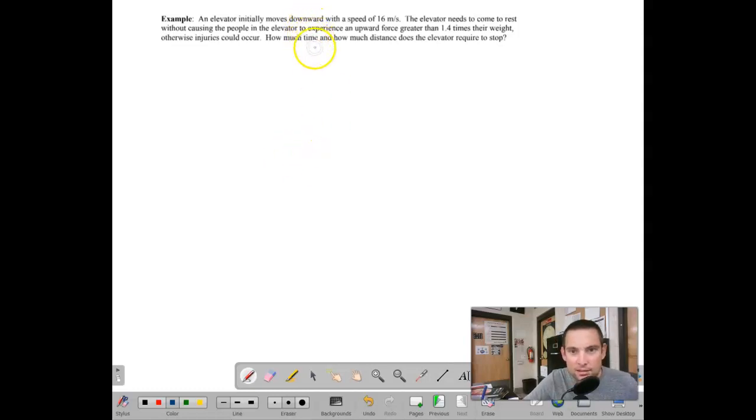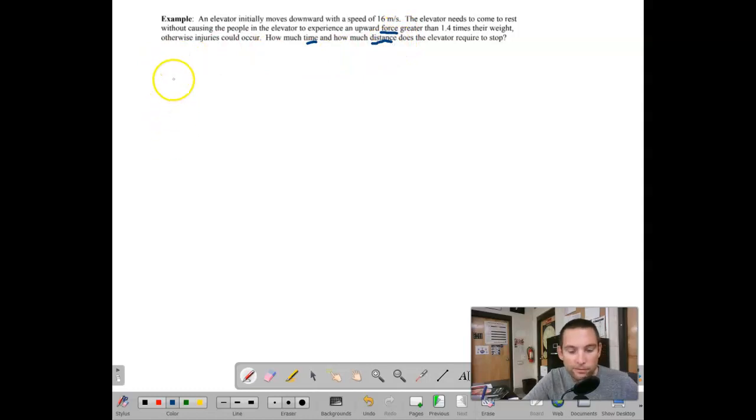Time and distance? Wait a second. Those sound like quantities that we studied way back in 2.3 when we were looking at kinematics, those 4 big equations. Well, let's see. Where are we going to start? The hint here is force.